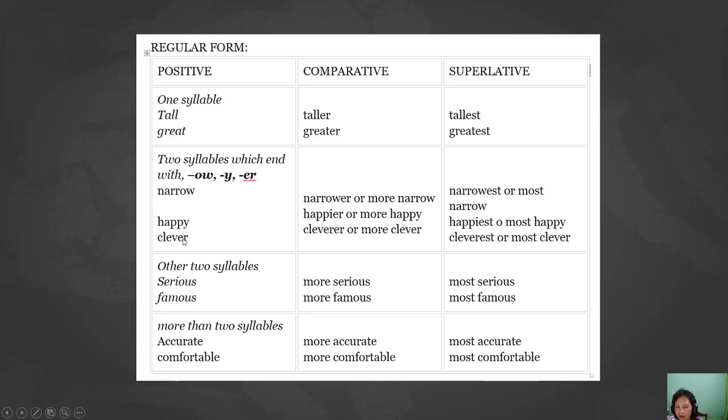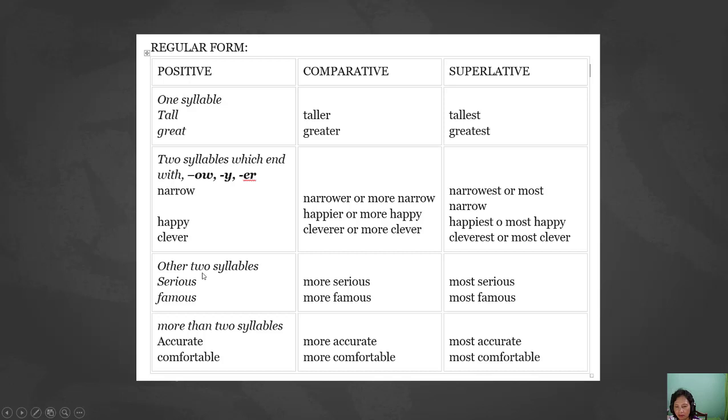You have clever, with ER, clever, cleverer, or more clever, and then you put EST, narrowest, or you use most. Happiest or most happy, cleverest or most clever. Of course, you cannot use both of them, like more narrower than. You just choose one: more narrow, or narrower than.